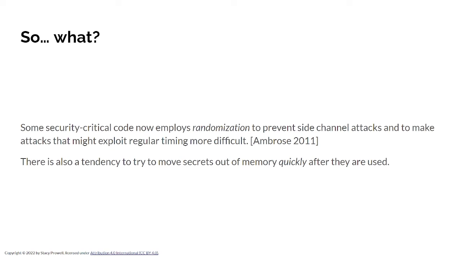So what? Some security critical code now employs randomization to prevent side channel attacks and to make attacks that might exploit regular timing more difficult. And we can go all the way back to 2011 to see some of that. And there's a tendency to try to move secrets out of memory quickly after they are used, because memory, maybe it's not that secure in a multi-process, multi-user environment.